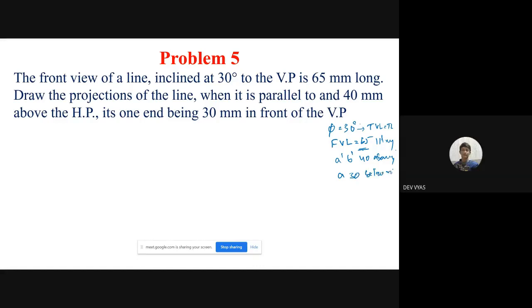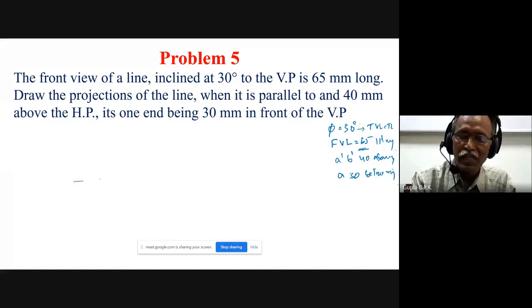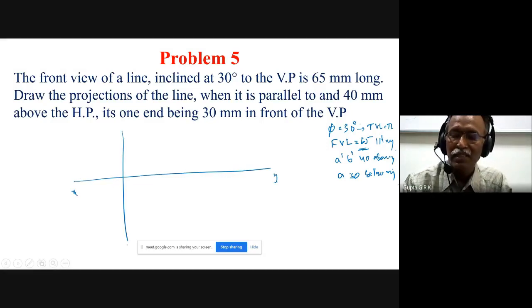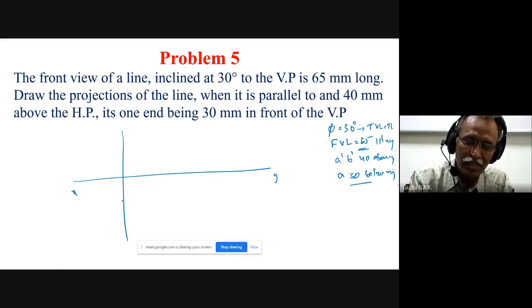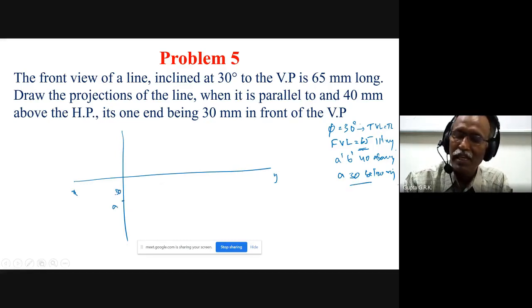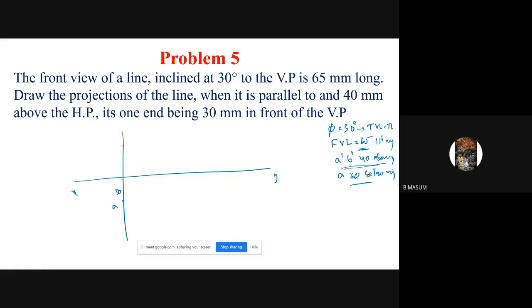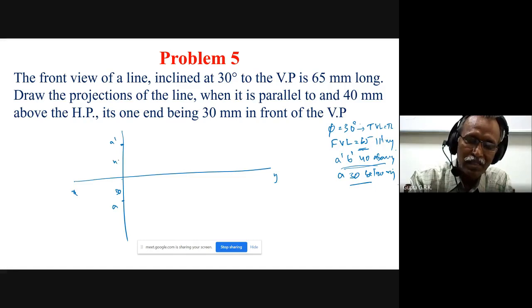So again you draw the XY line. Draw A dash. And where is A? A is 30 below. A dash B dash is 40 above XY. Yeah, here A dash, this is 40.